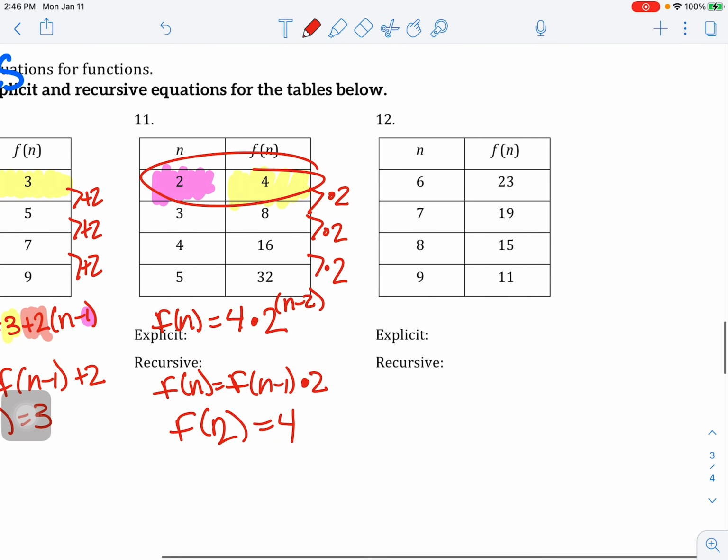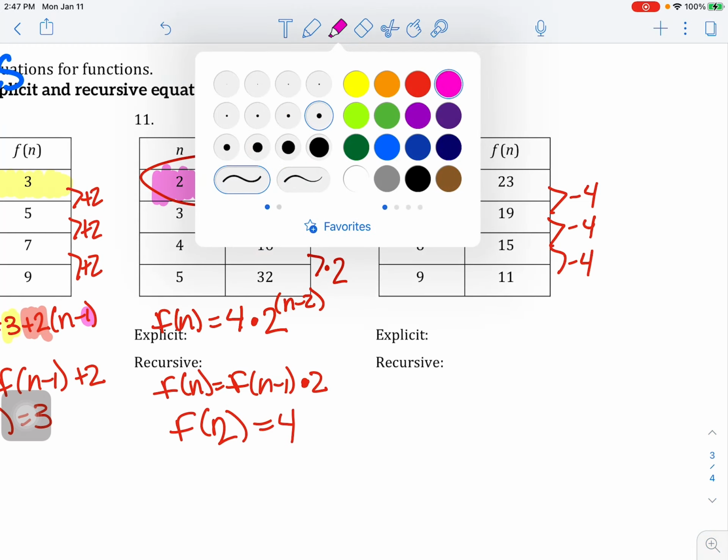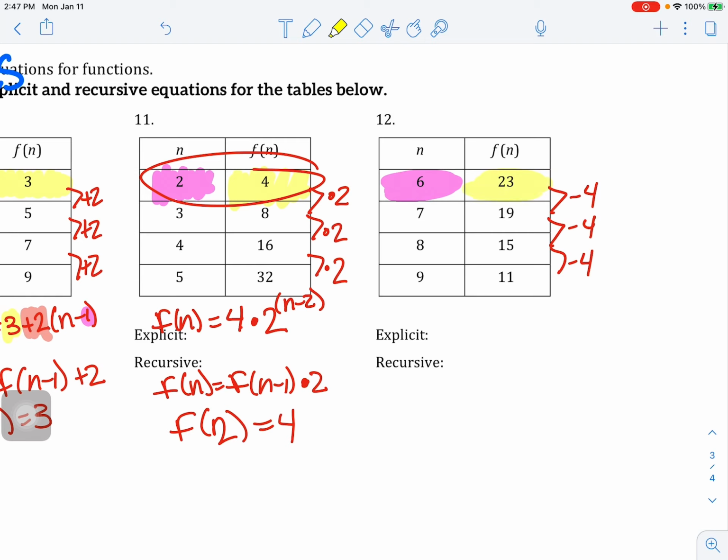All right, last example. Find the action first. This one looks like it's subtracting 4. And then notice that it has a starting input of 6. So that's going to be n minus 6. And a starting output of 23. So my recursive is f of n equals f of n minus 1 minus 4, starting at 6, it's 23.